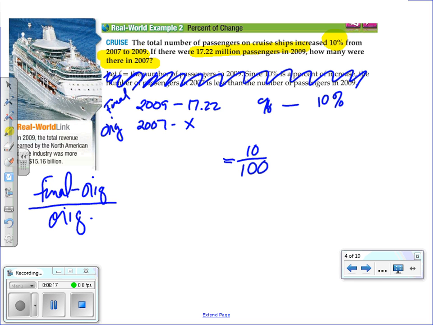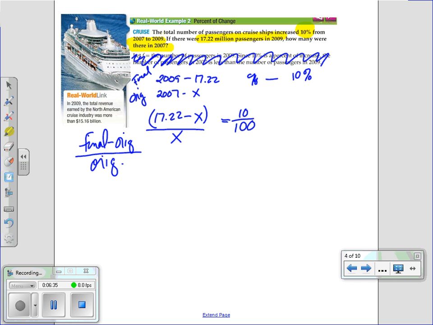So in the end, there were 17.2 million people minus the original, which we don't know. And that is over the original number, which we also don't know. We're going to do cross products and solve this. So 10 times x is 10x. That was easy enough.